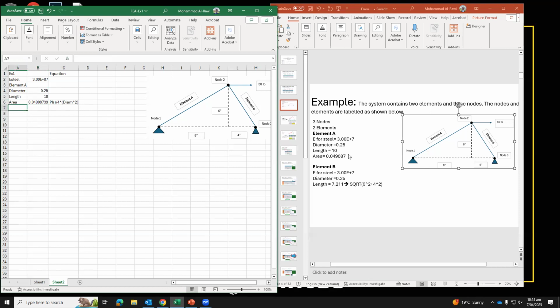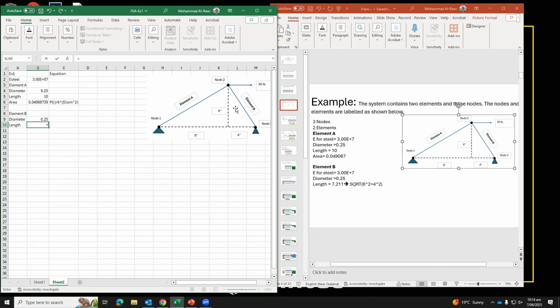Okay, one of the things we could do is repeat the same thing for element B. So here, element B. Diameter is the same. The only difference for element B would be the length. The length, I don't have it, but from the figure, I have the opposite and the adjacent for it.